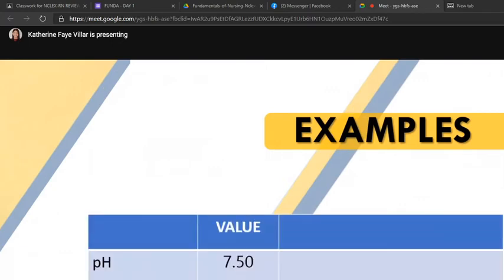Next example po. pH of 7.50. Ako ulit. Sige, push natin ito.